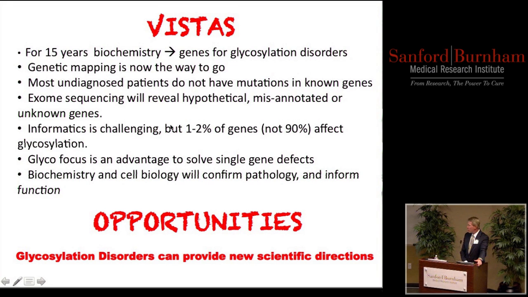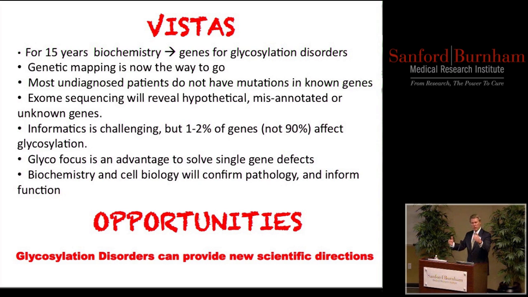And that is certainly going to reveal hypothetical genes, misannotated genes, and genes that you go, well, what do we do with this one? And here's where I think that glycobiology will play a really important role, because even though the informatics is challenging, now we can turn it around and say only 1 or 2% of the genome is probably devoted to glycosylation.